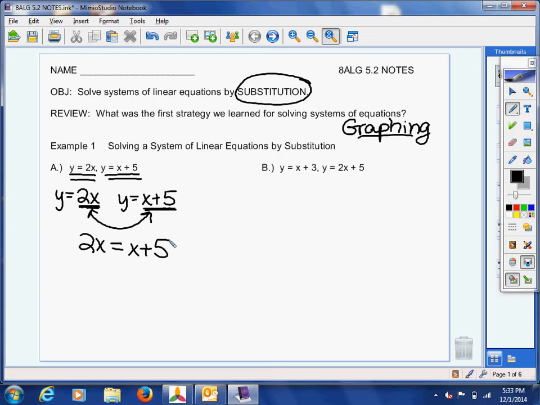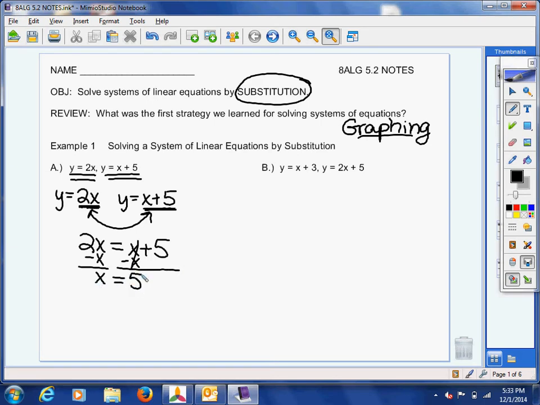And so this is a really cool way to solve it because this totally eliminates the y's right off the bat, and all you have to do is rearrange the equation solving for x. So let's get our x's on one side. Here we go. And I've got x equals 5.